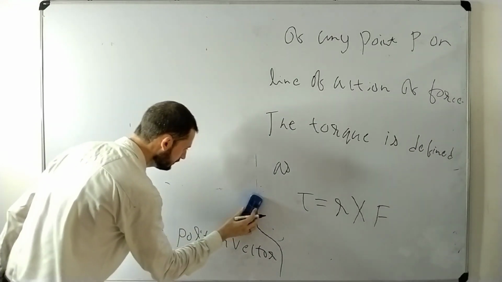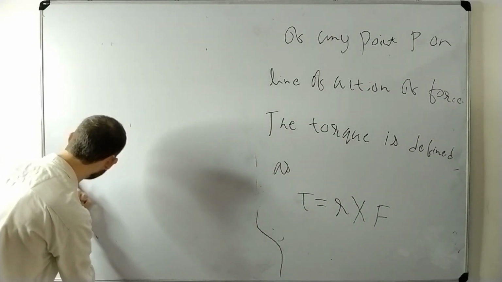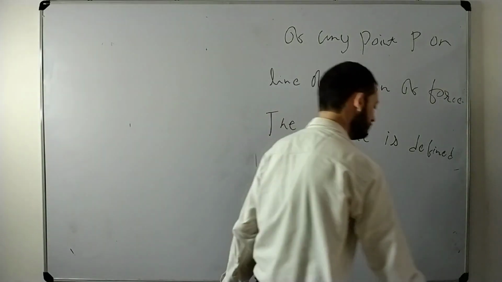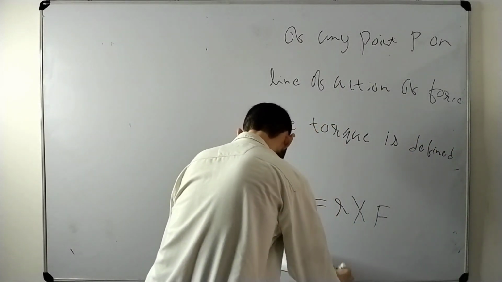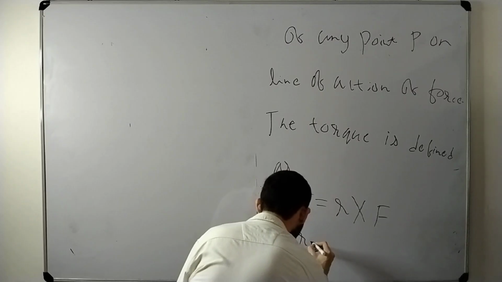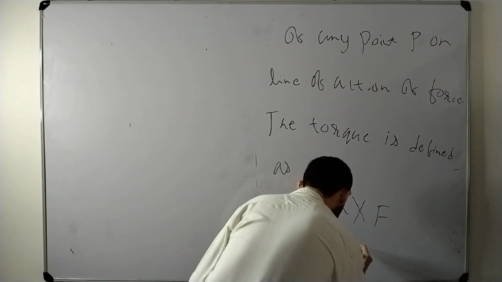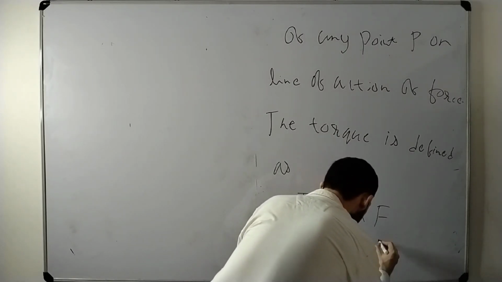Yes, sir, definitely. But, sir, what values would you give us? R first. R is i minus j plus 6 k cap.